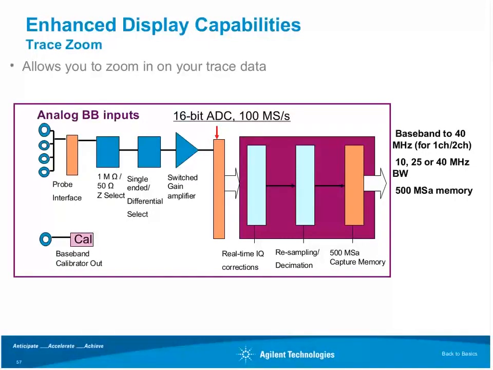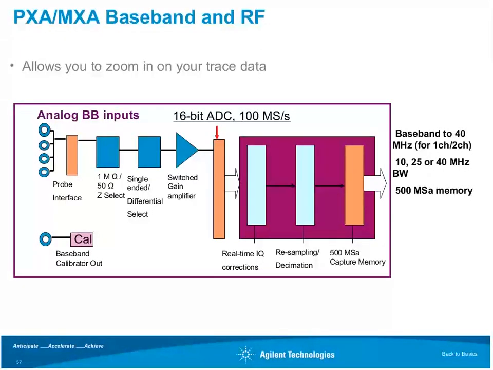Now, historically, RF and microwave signals were always on a 50-ohm connectorized type cable, and we're finding that now more and more there's greater diversity in the way RF and microwave signals are available. Particularly on RF integrated circuits, very often what you get instead is differential I and Q outputs.